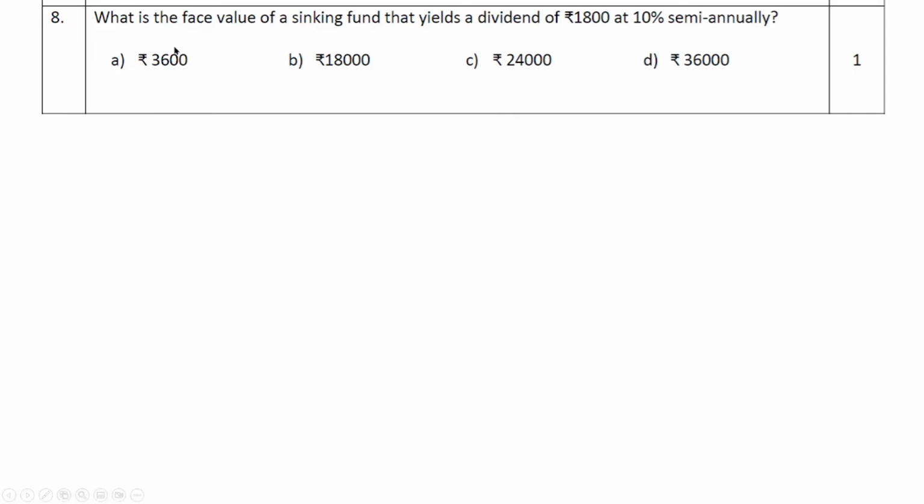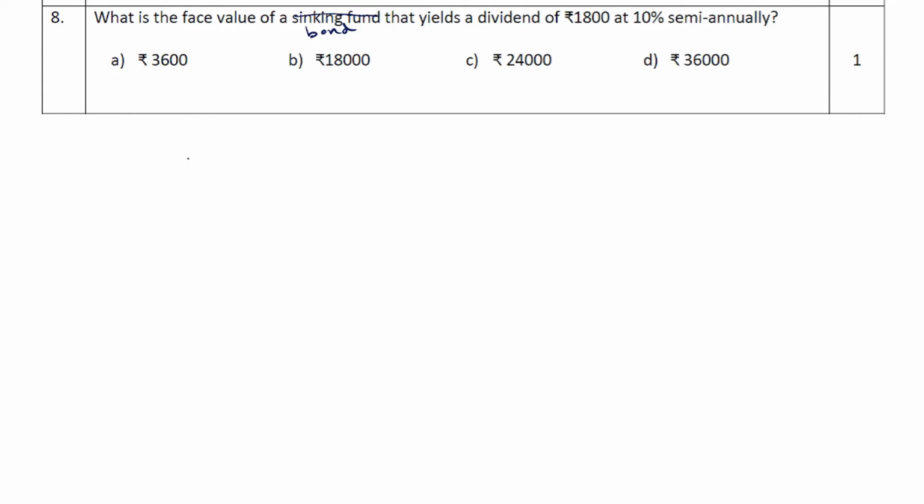Next we have, what is the face value of a sinking fund that yields a dividend of rupees 1800 at 10% semi-annually? I think this should be a bond, because only a bond has a face value. Now we need to find the face value of a bond whose dividend is 1800 at a rate of interest given as 10% semi-annually.